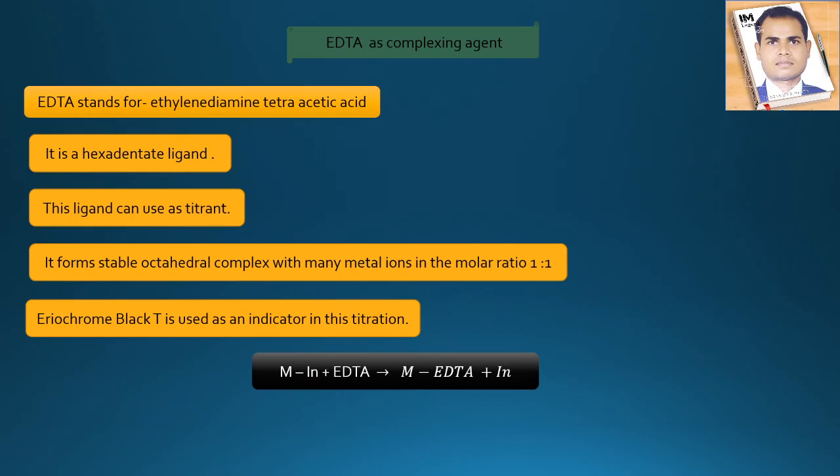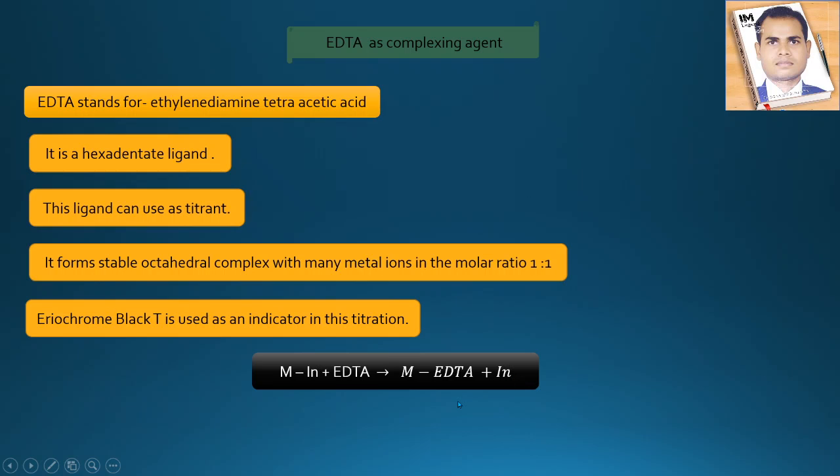You will see the reaction: M indicator plus EDTA, and it will form the complex this way. M stands for metal. That metal will form a complex with the EDTA, and the indicator will be the side product.